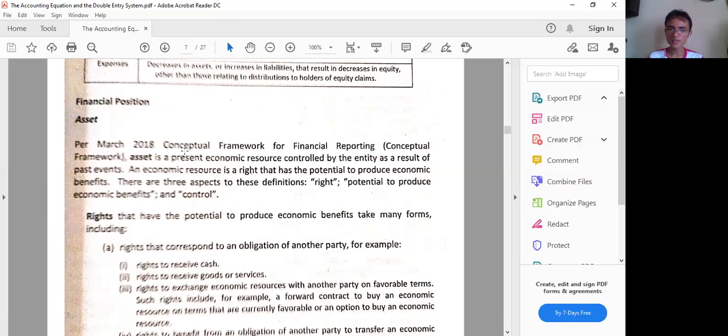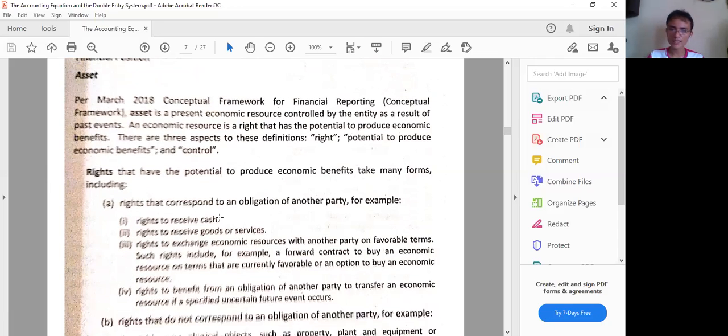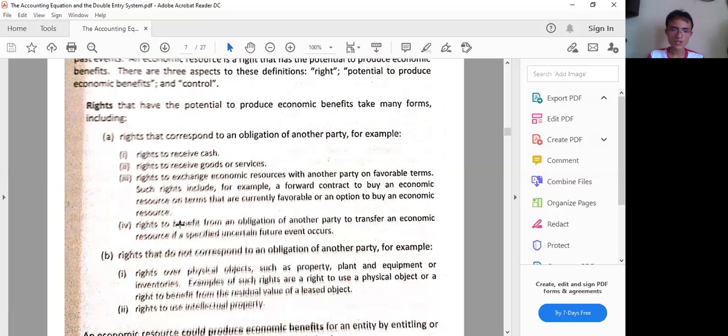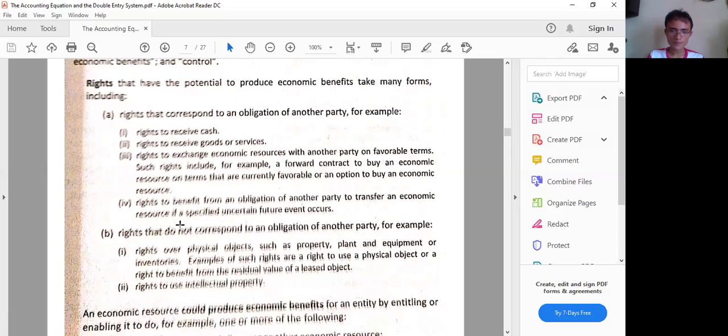So basically, they are also assets. The definition now puts emphasis on the right. Even if these assets are not with us, they can still be our assets because of our right and control over them.